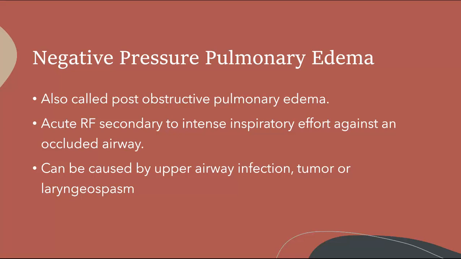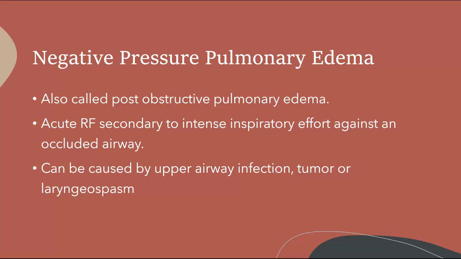Really not much in the literature about it, but what we have is that it's also called post-obstructive pulmonary edema. So usually it happens if you have any upper airway obstruction, if you have any mass, or severe spasm that can cause intense inspiratory effort against a closed airway, and this is going to increase the negative pressure, causing more fluid to move to the alveoli and causing acute pulmonary edema.